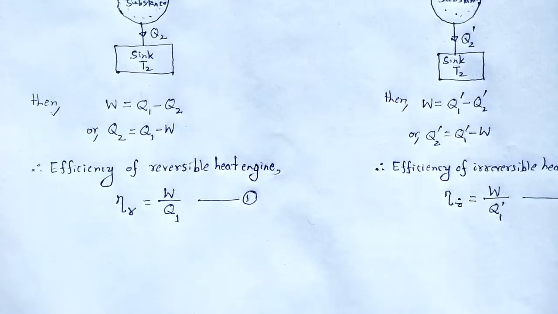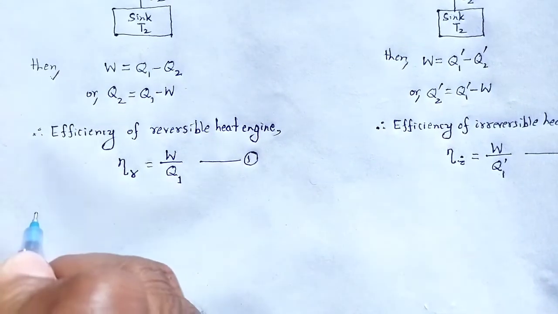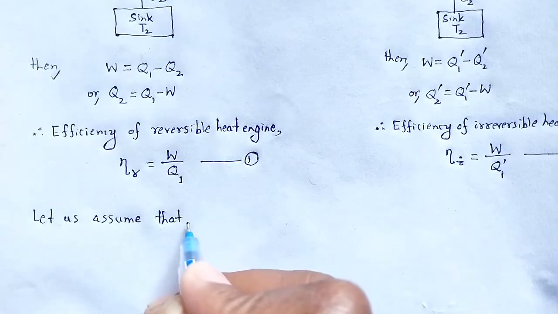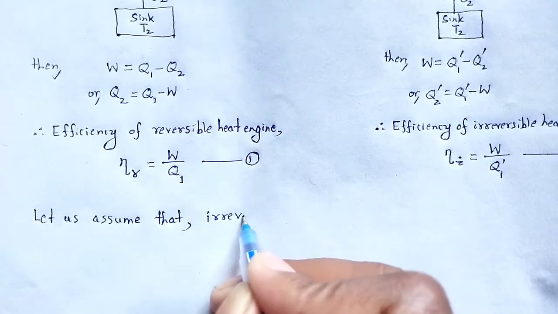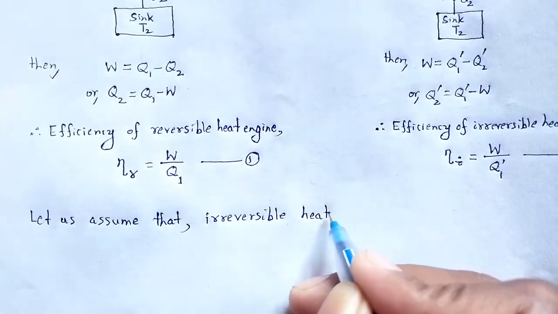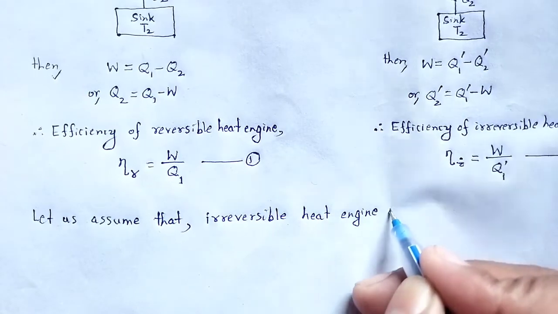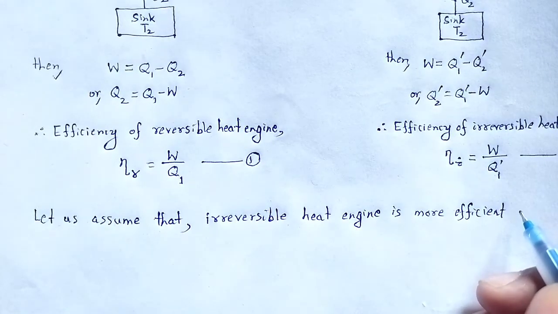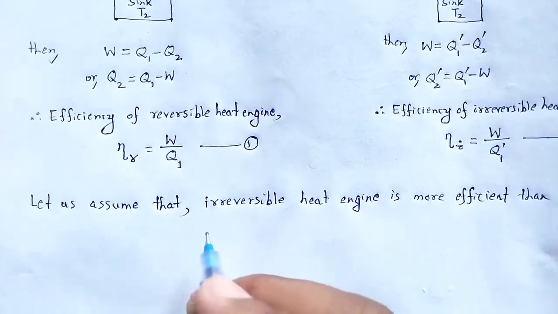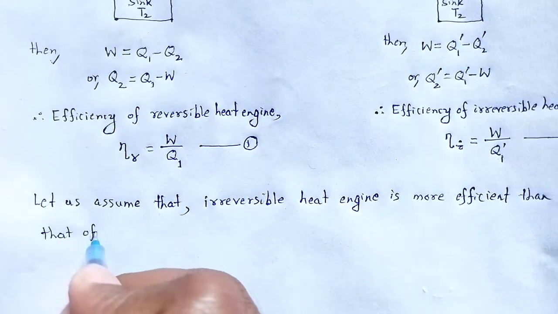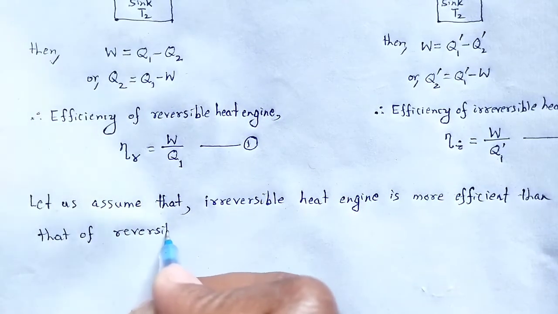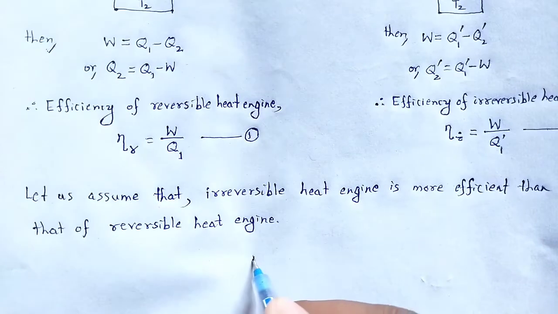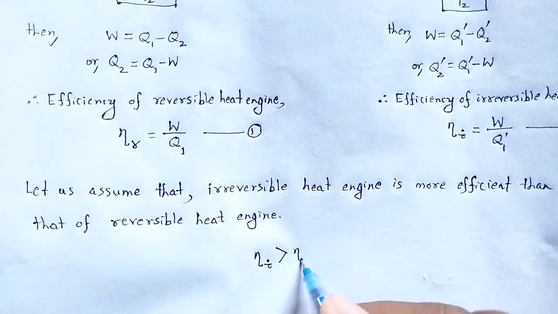So, let us assume that the irreversible heat engine is more efficient than the reversible heat engine. So, eta I is greater than eta R.